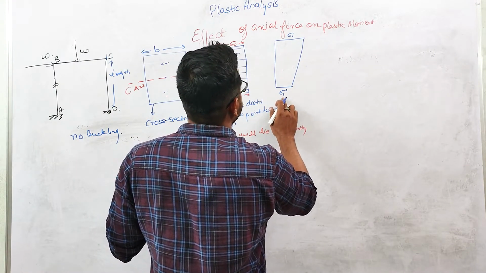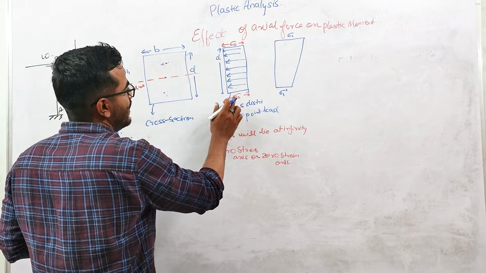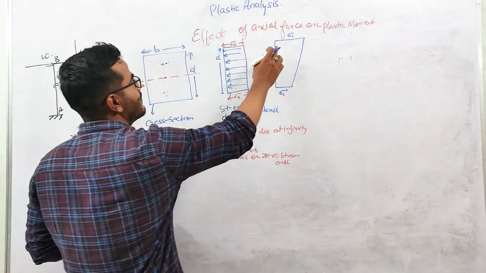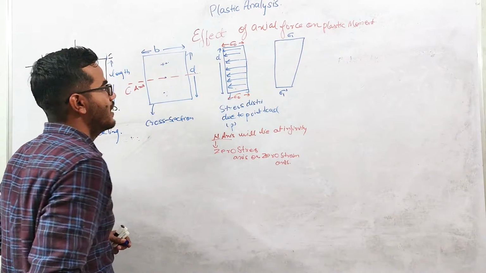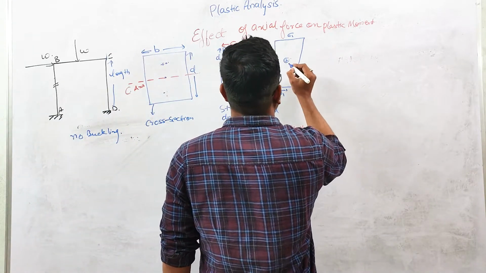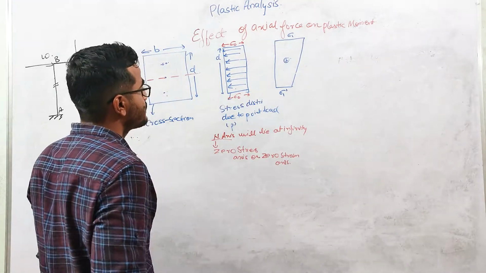This stress sigma 1 dash will be less than sigma 1, because at the top both the stresses are compressive, due to moment and due to axial load. So the whole section is in compression.